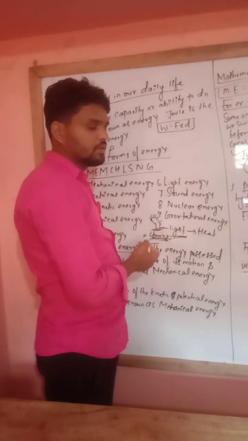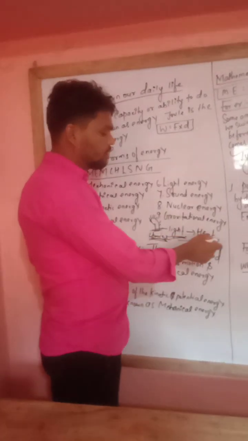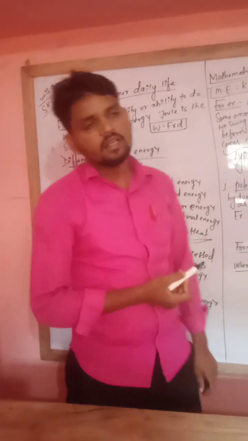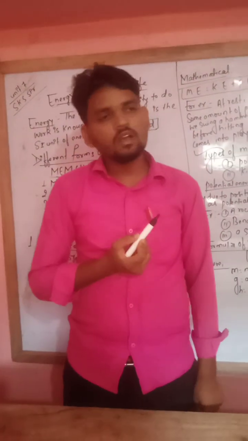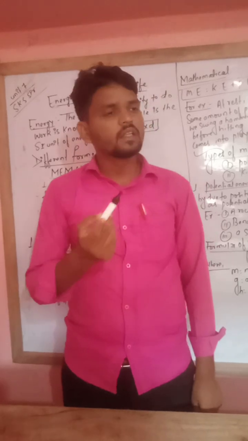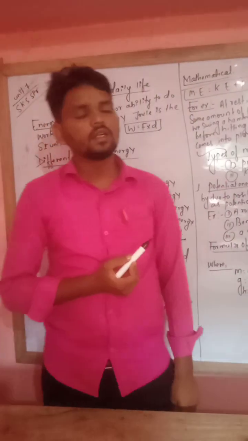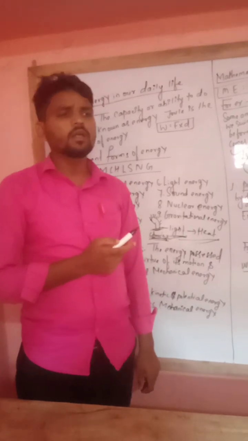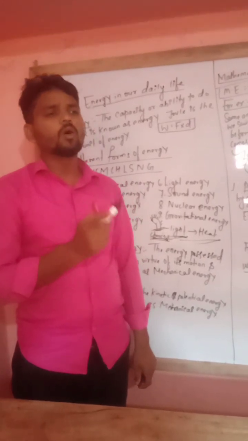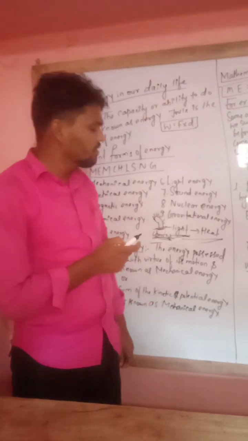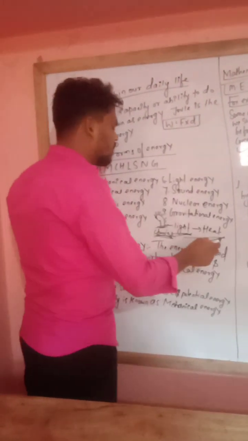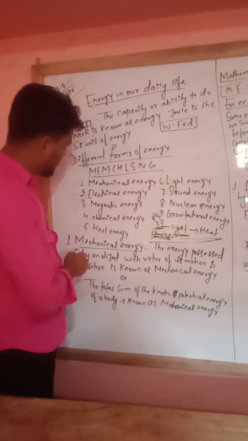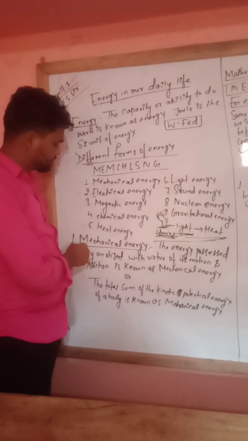Light energy first of all, then it converts into heat energy. It means that there is a transformation of energy. Transformation of energy means the process of transferring energy from one form to another form.